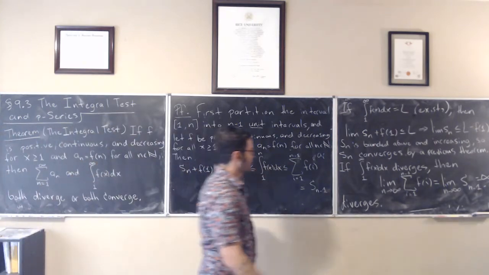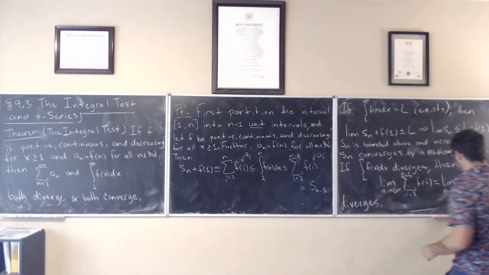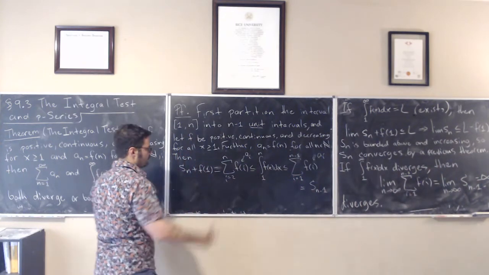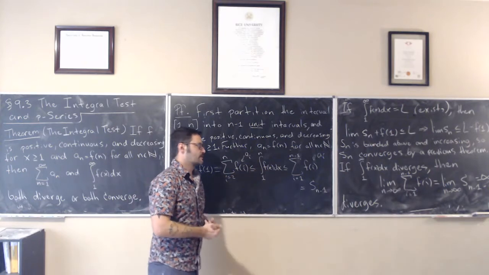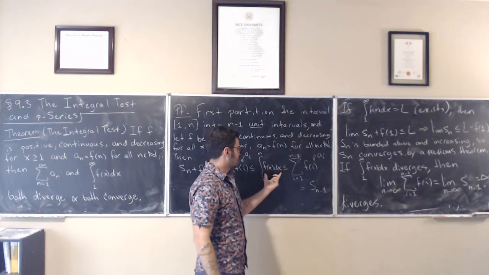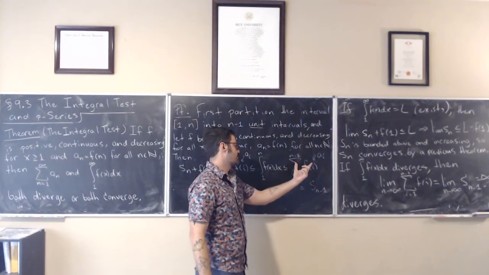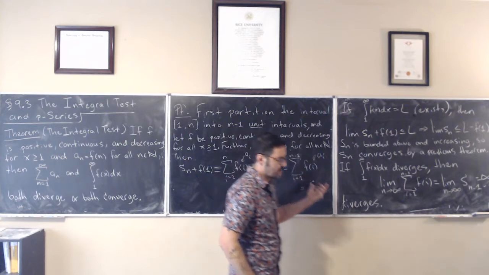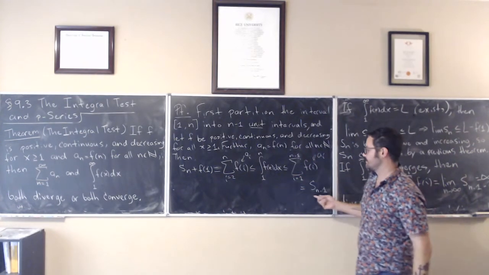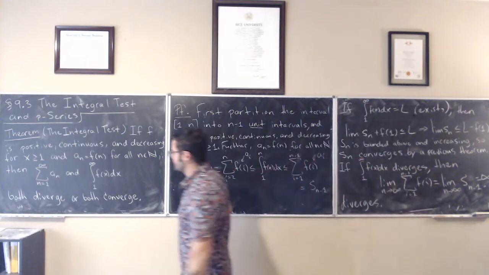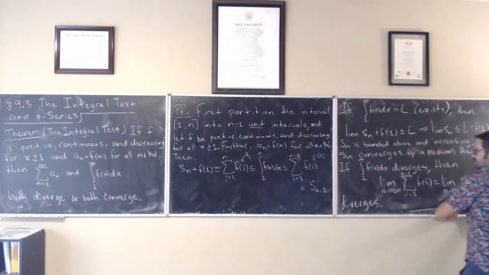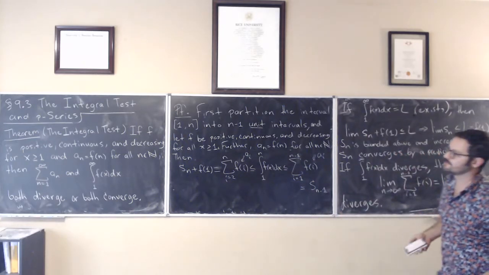And it's because of the way that we chose to partition this interval, and we observed that this is bounded above by the area under the curve, because it's positive, decreasing, continuous, and it's bounded above here, so the integral is bounded above by the S of n minus 1 partial sum. So if that blows up, then that blows up as well. So that's the proof. I wasn't planning on doing that, but I thought it was important every once in a while to show you the reasons for why these theorems are true.